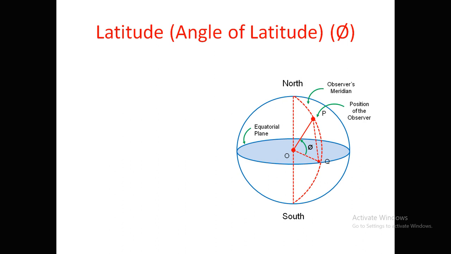First we need to draw a circle, our mother earth, and then we need to identify the north and south poles, and we need to draw the equatorial plane, and then we need to identify the position of the observer, and we need to draw the observer's meridian starting from North Pole to South Pole, passing through the point of the observer, that is point P. After that, we need to join point P and the center of the earth O, and then we need to draw a projection from P onto the equatorial plane, and that touches the equatorial plane at point Q. After that, we need to join the center of the earth O and Q.